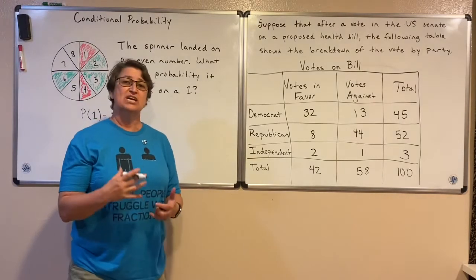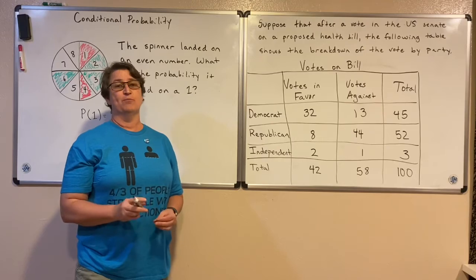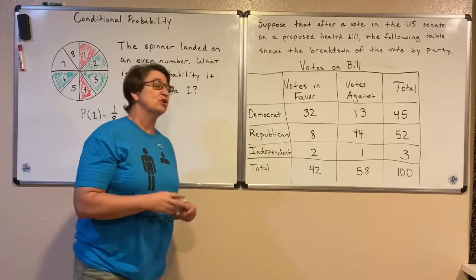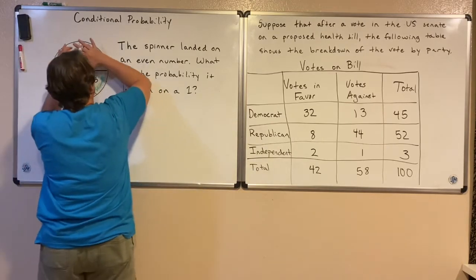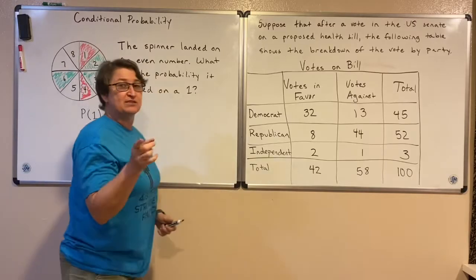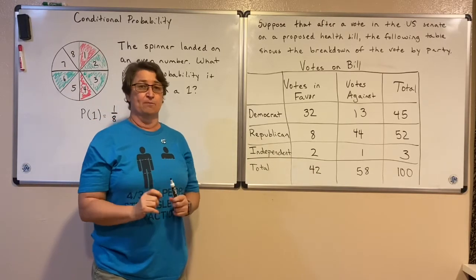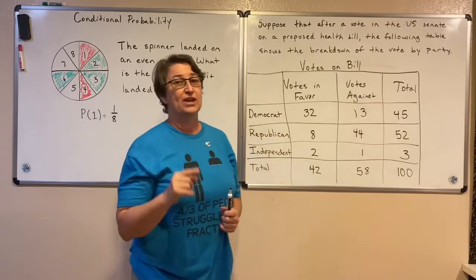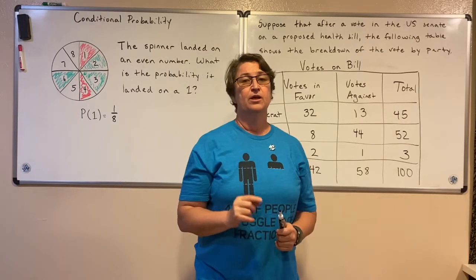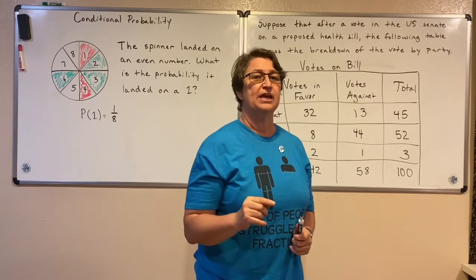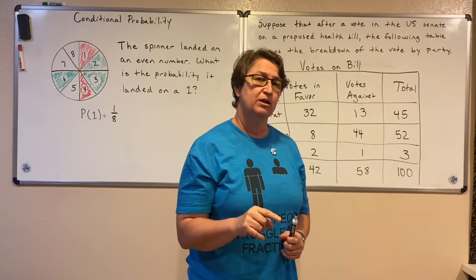I'm going to give you a condition for this probability first. I'm going to spin the spinner and hide it from you. And then I'm going to tell you that the spinner's landed on an even number. So you know that it's landed on an even number. Now, what's the probability that it landed on a 1?